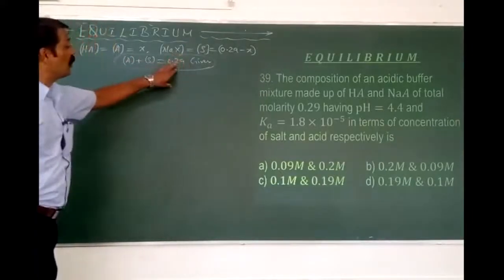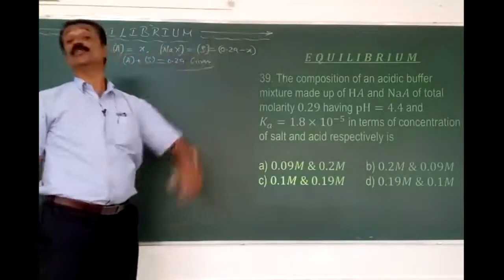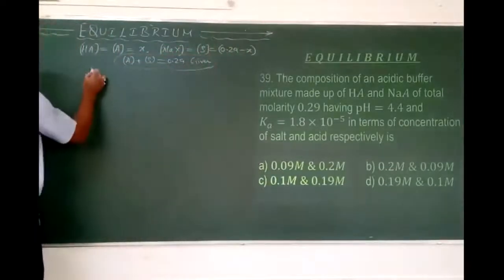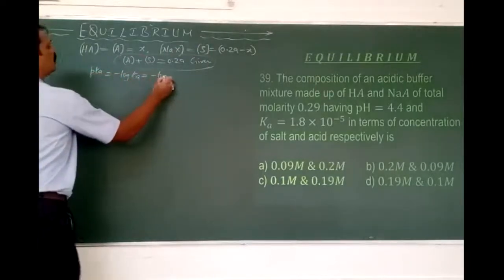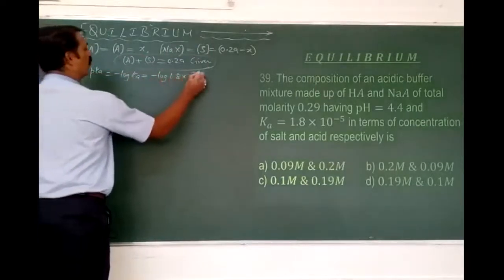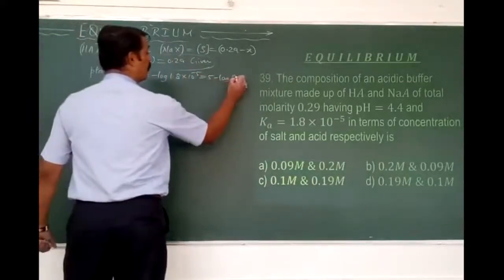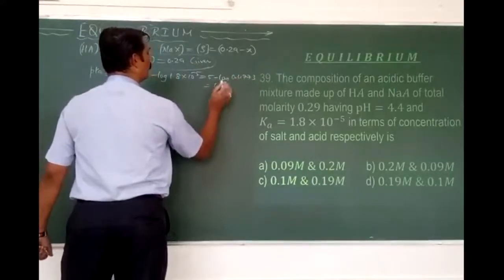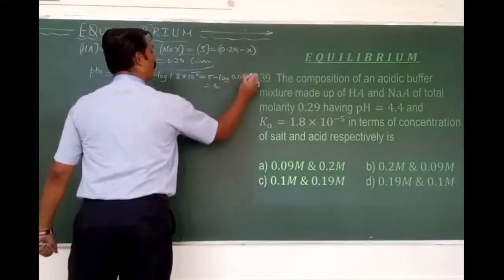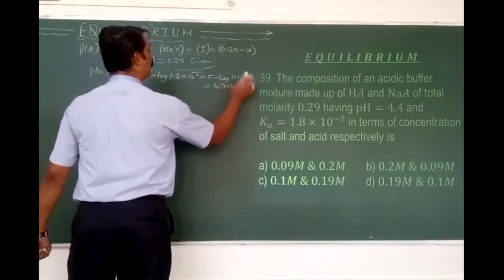If the total is 0.29, let the concentration of acid be X. Therefore, the salt concentration is how much? 0.29 minus X. And also, pK is equal to negative log of K, and you have to be very familiar with this particular value, that is 1.8 into 10 to the power of minus 5. That is equal to 5 minus log 1.8. We have solved so many problems related to this. That is equal to 4.4553. That is equal to 4.7447. 4.773.